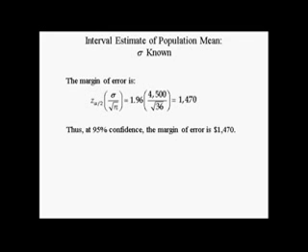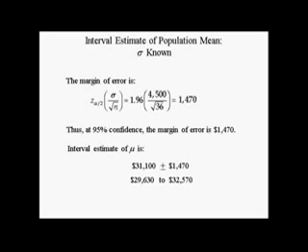And so the interval estimate of the population mean mu equals the sample mean of 31,100 plus or minus the margin of error of 1470, which corresponds to a lower endpoint of 29,630 and an upper endpoint of 32,570.